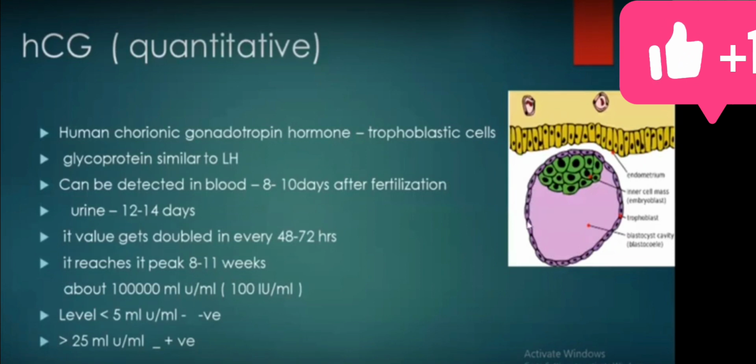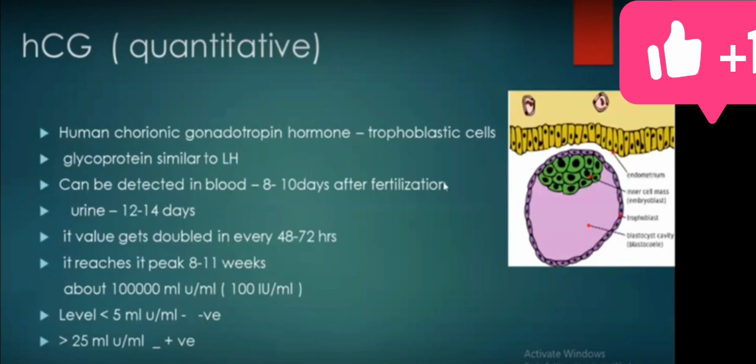This trophoblastic portion contributes to the formation of the placenta. From this trophoblastic cell, the HCG hormone is secreted and passes into the maternal blood. So we can evaluate serum HCG in the maternal blood.